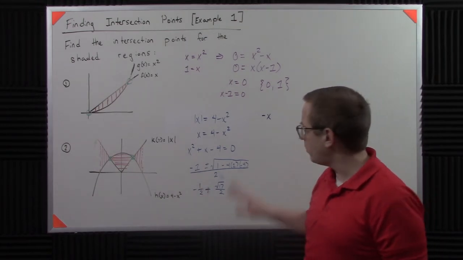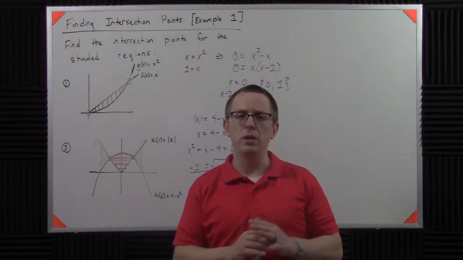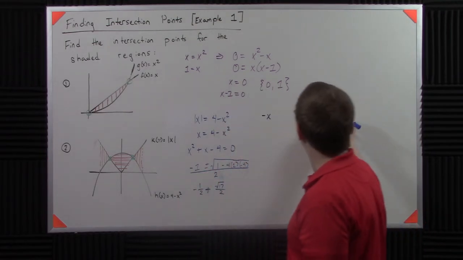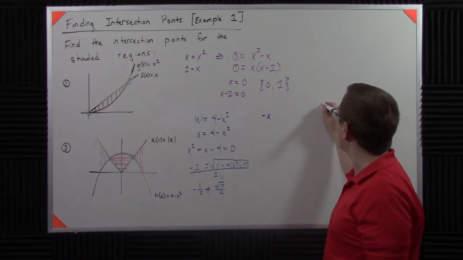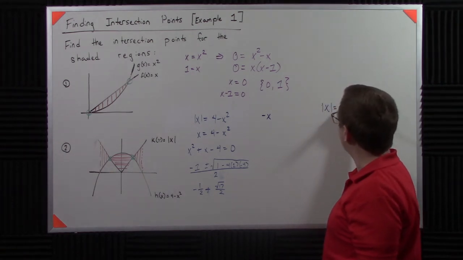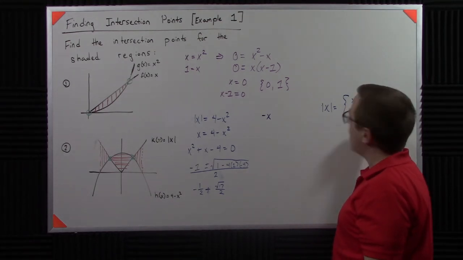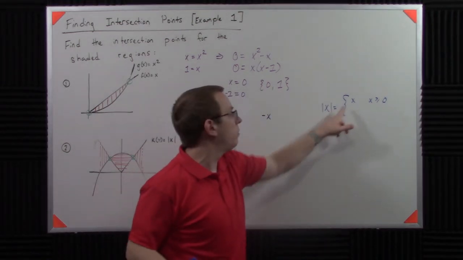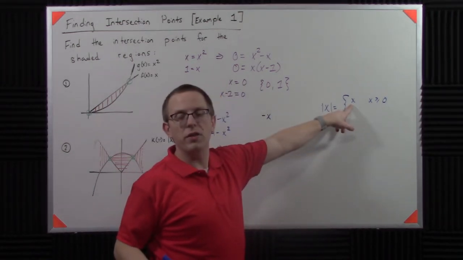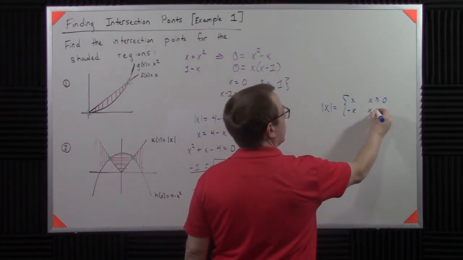But nonetheless, the idea here is, I'll just go ahead and write it. Absolute value function is defined as x anytime x is greater than or equal to 0, it's equal to itself, just whatever was in there if that number is not negative, and it's the negative version otherwise.